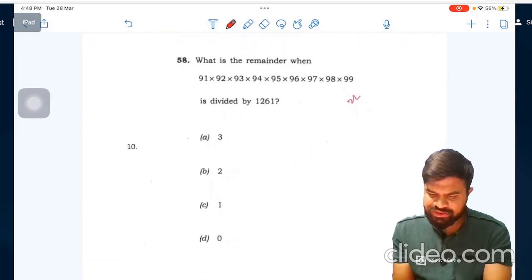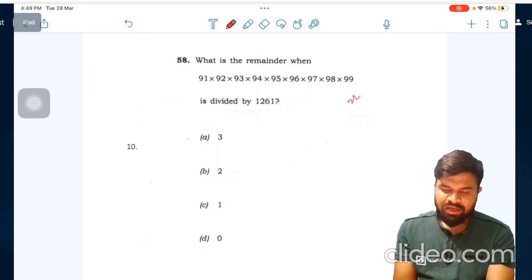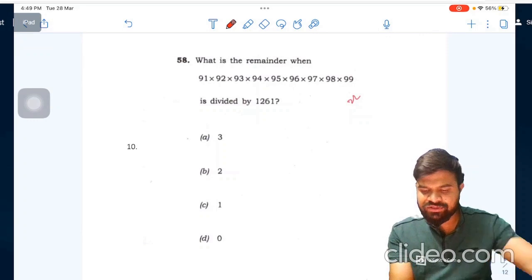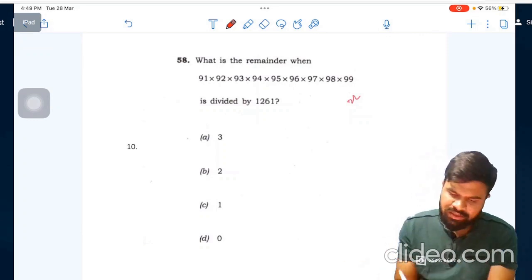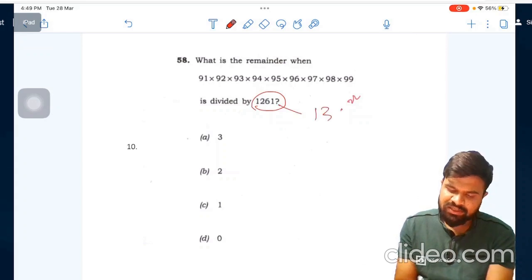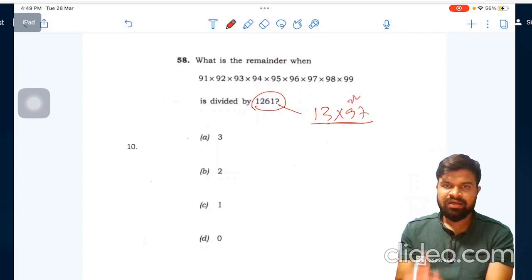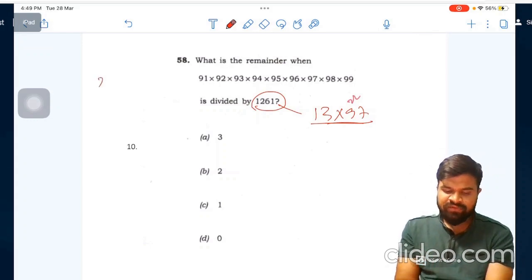Now, this question was not about the remainder. This was more about prime factorization. I would say you have to do this kind of question with care, because they seem tough at first. But if you know that this is 13 into 97, just try to break the number into prime numbers. The process is that you first try 3, then 5, then 7, then 11, and then 13.